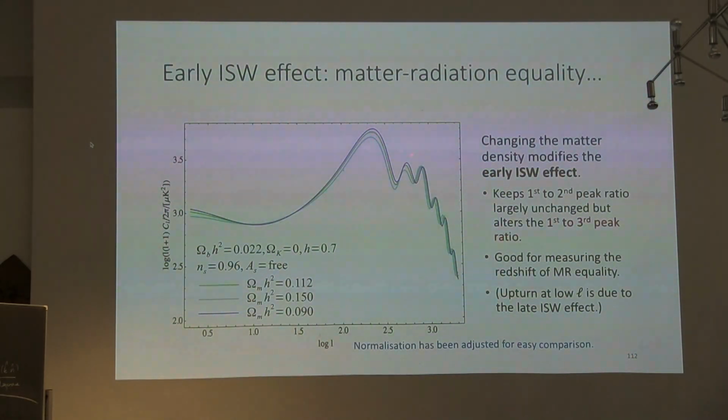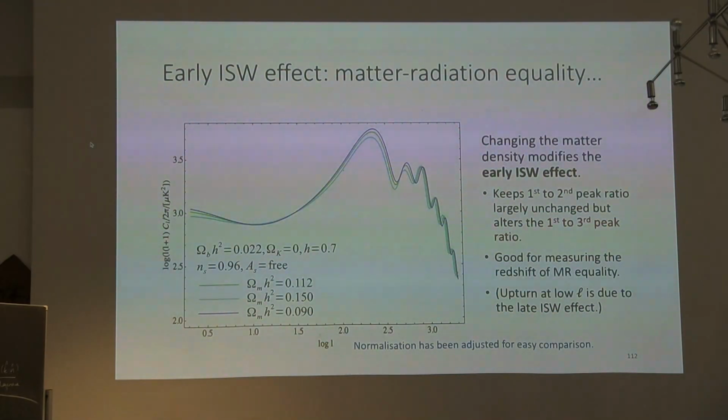And you can see that in all 3 cases, the third peaks are kind of similar, because that's when your early ISW dies down. The early ISW really just makes a contribution here, and you can see the third peaks are the same, and then you have very different first peaks. So you use that, as said before, to pin down the redshift of equality.